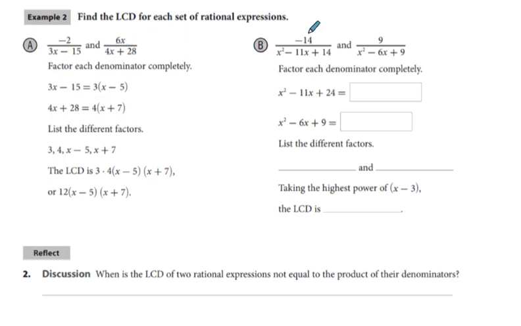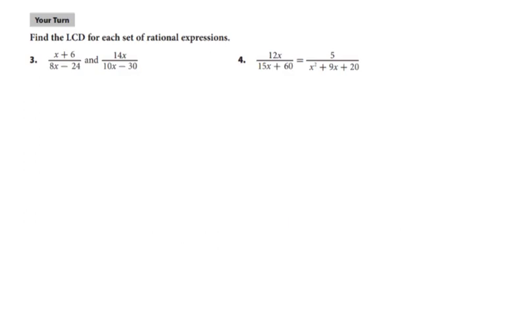Here they give a couple examples, example A and example B, and I'm going to go ahead to just, it says your turn, number 3 and 4. So what we're going to do is look for each denominator. So we're going to factor this first one, which is 8x minus 24.